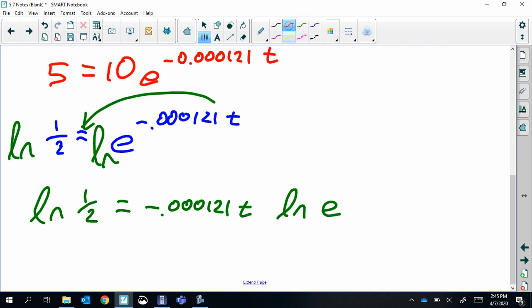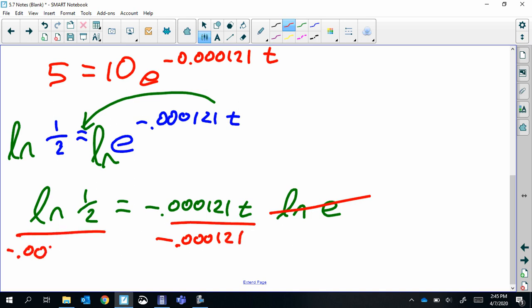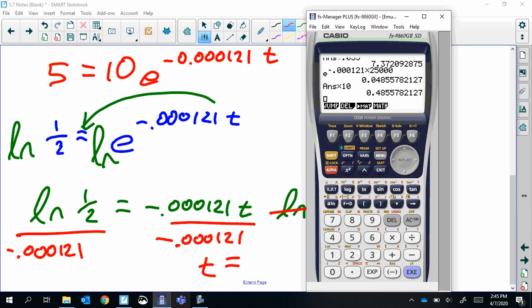And again, natural log e is always going to cancel out. So we divide. So it's natural log of 1/2, or 0.5, divided by negative 0.000121. 5,728.